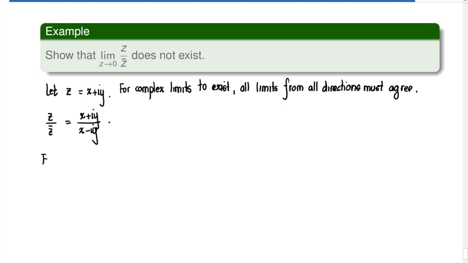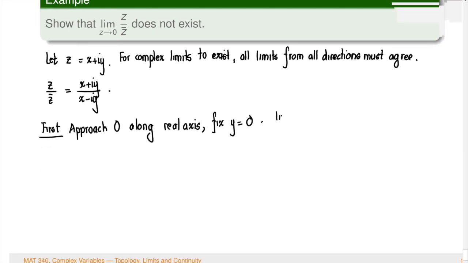So first, let's approach 0 along the real axis. All right, so along the real axis means we're going to fix y is equal to 0. So in this case here, the limit as z approaches 0 can be written as x, 0 approaches 0, 0.